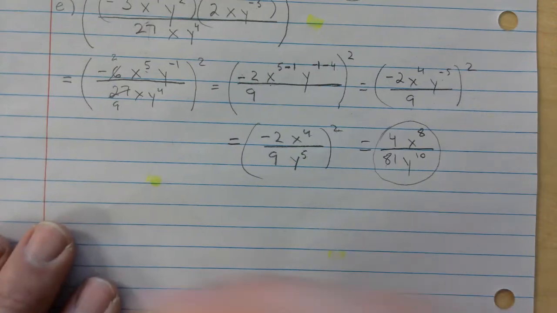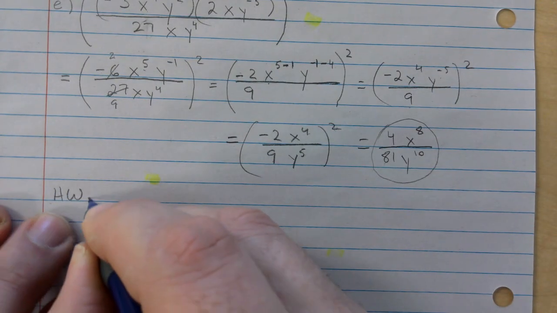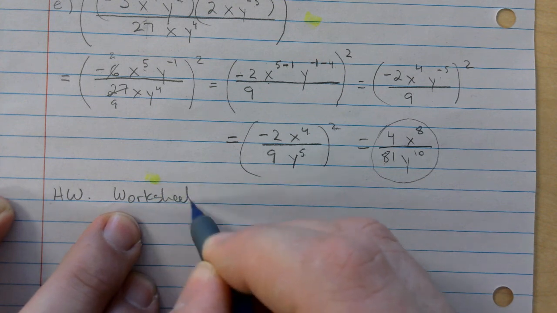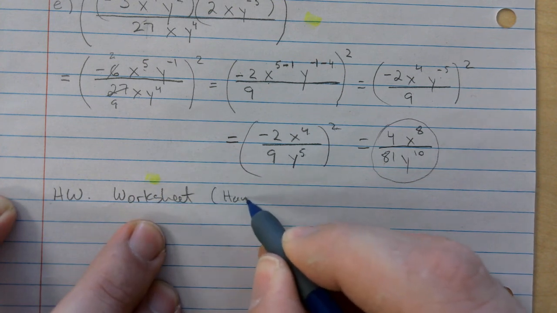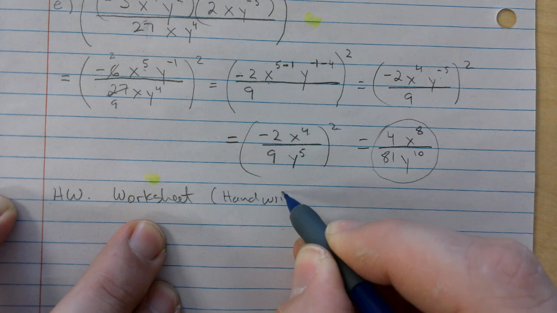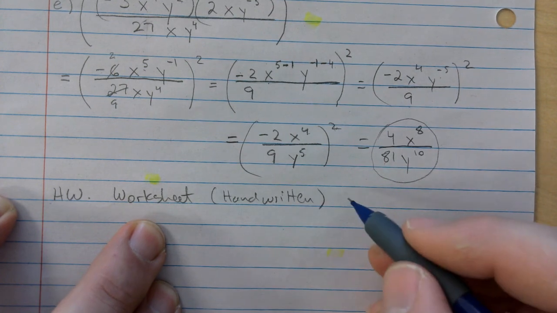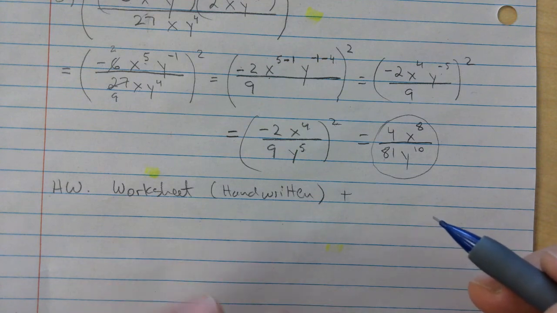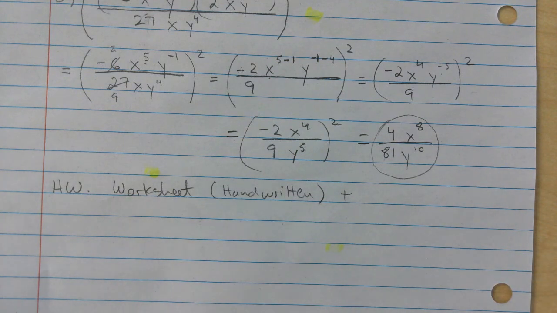So the homework is this handwritten worksheet. Plus, if you haven't done that yet, I think yesterday I assigned page 221. Some of you are like, I don't know, because I didn't do it.